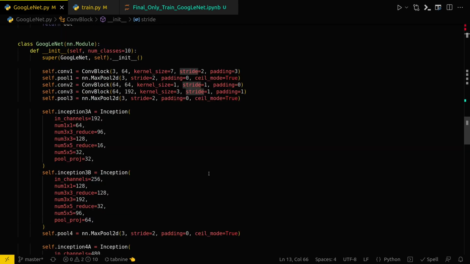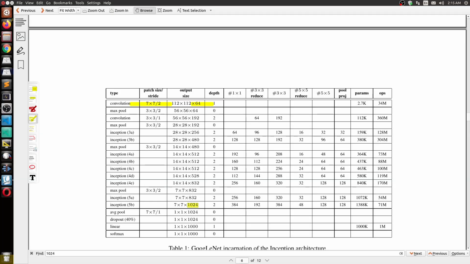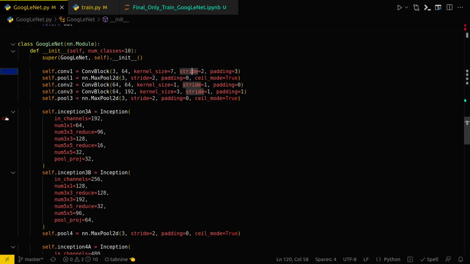So come back to this line: in channels 3, out channels 64, because that's what is written in the paper, kernel size 7, stride 2, following the paper exactly. And then I need to do a max pooling layer with 3x3 and stride of 2. So I'm doing nn.MaxPool2d, 3, stride of 2, padding goes to 0.